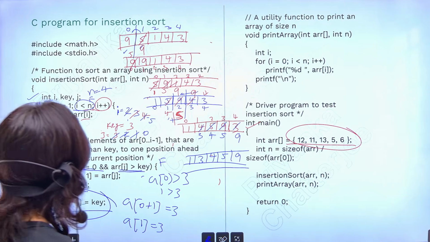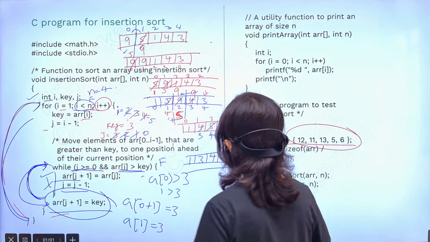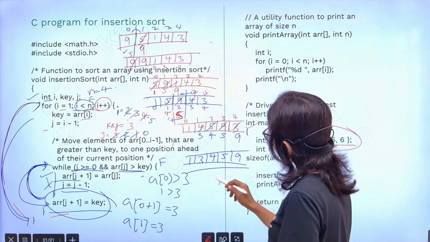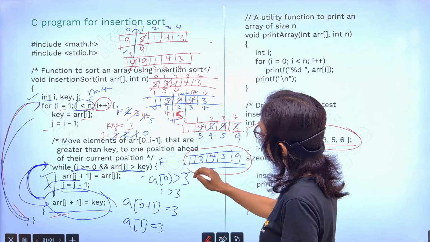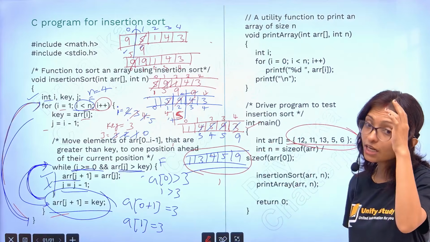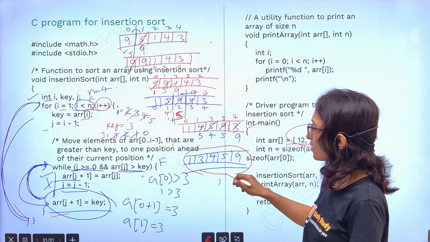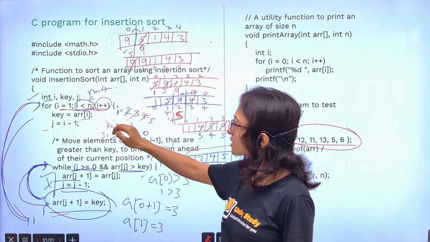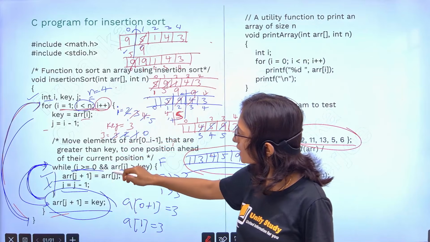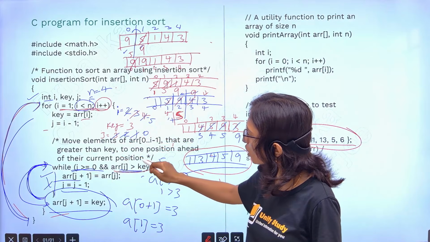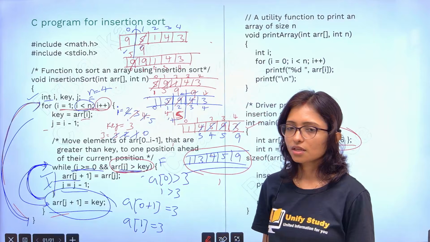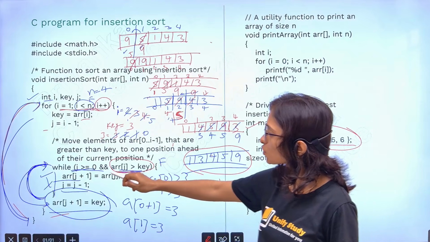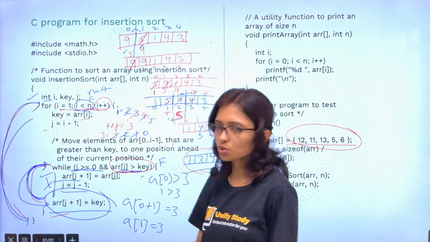Yes. Here the beauty is that if you take this array as input, which is a sorted array, you will run this for loop, but this while condition will always be false, and that's why this while loop will never execute.